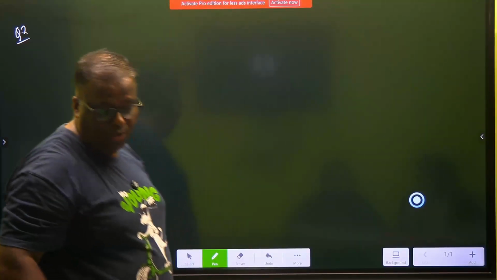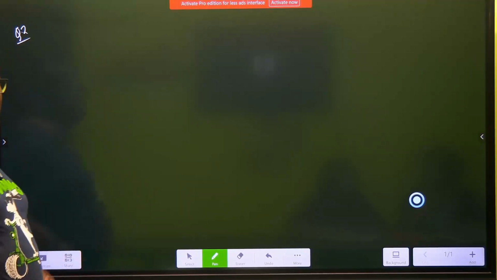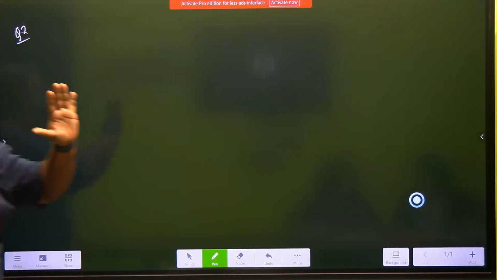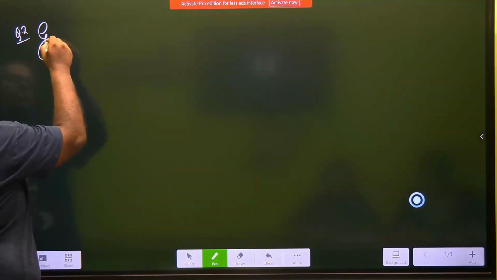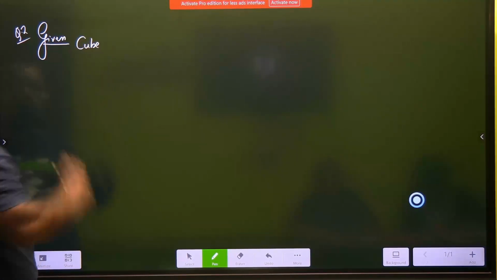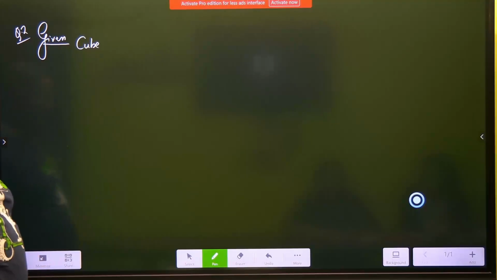The volume of a cube is increasing at the rate of... Just narrate to me. Okay, one minute. So let me write what all things are given. I have a cube, and there will be some derivative ratio.